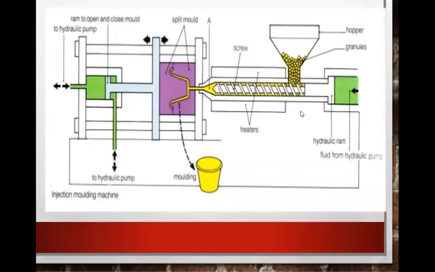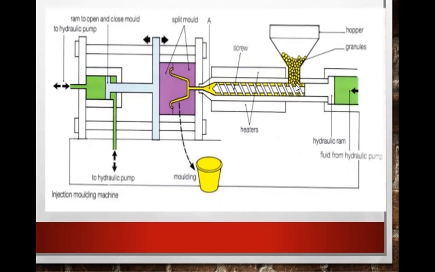So see here, this is a whole diagram of whatever I explained. This is a hopper. The plastic material should be in powdered granule form and it is passed into the hydraulic ram, and the pressure is applied from this.